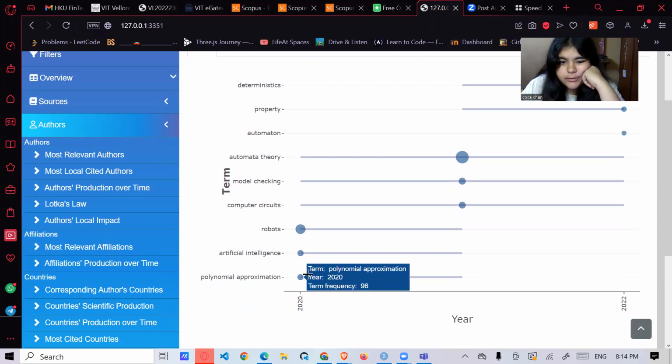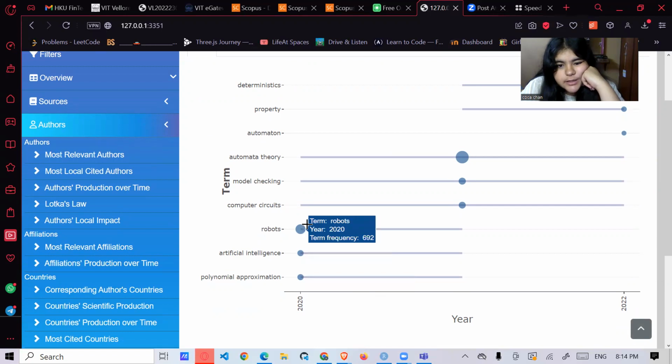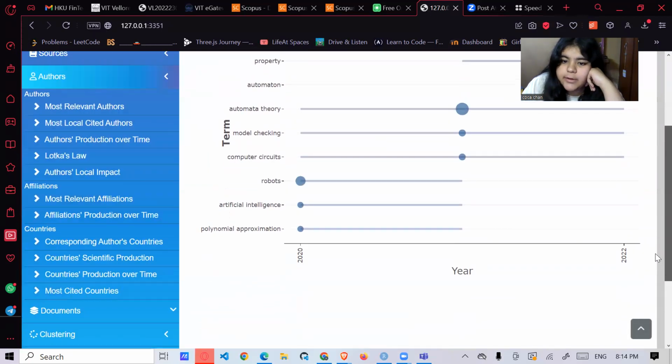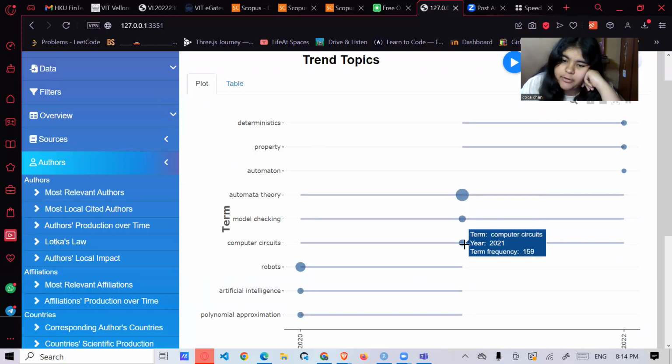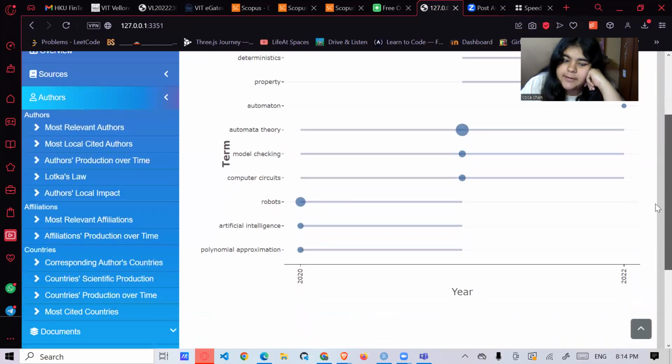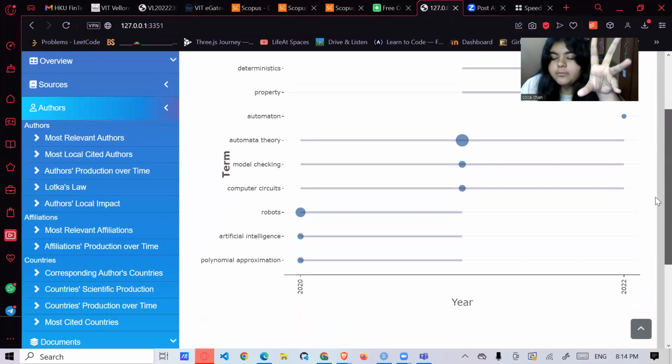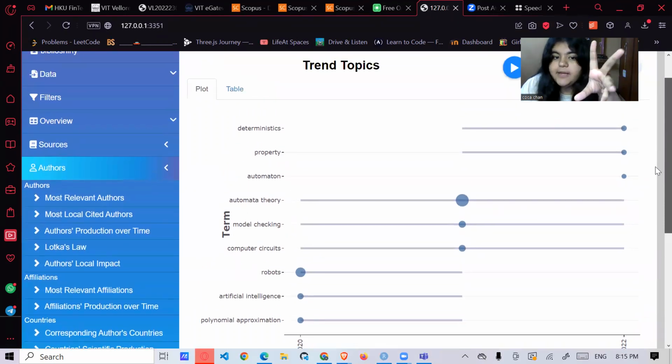In 2020 themes like polynomial approximation, artificial intelligence and robots were important, but over time in 2021 and 2022 it was automata theory, model checking and computer circuits.